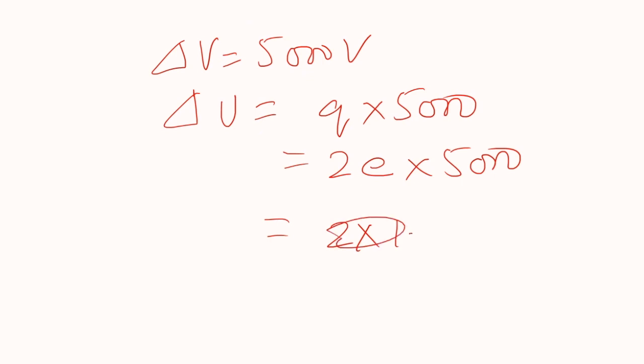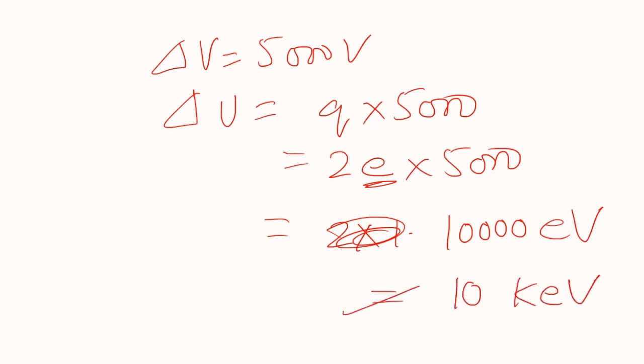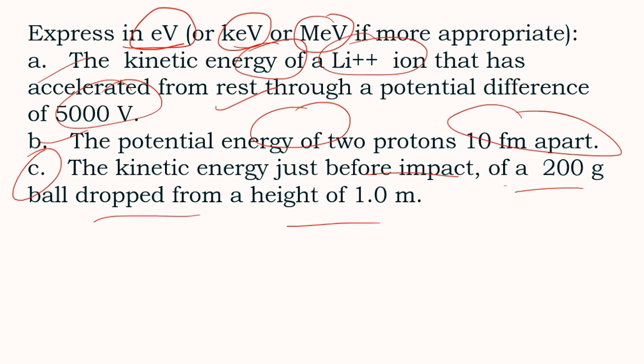So this is actually 10,000 into e, which is nothing but 1.6 into 10 to the power minus 19 joule. So this whole thing will convert into joule. But if you want to leave it in electron volts, you can just write e as electron volts. This is nothing but 10 kilo electron volts. So this is delta U, which is equal to delta K because of conservation of energy. Okay, so our first part is done.